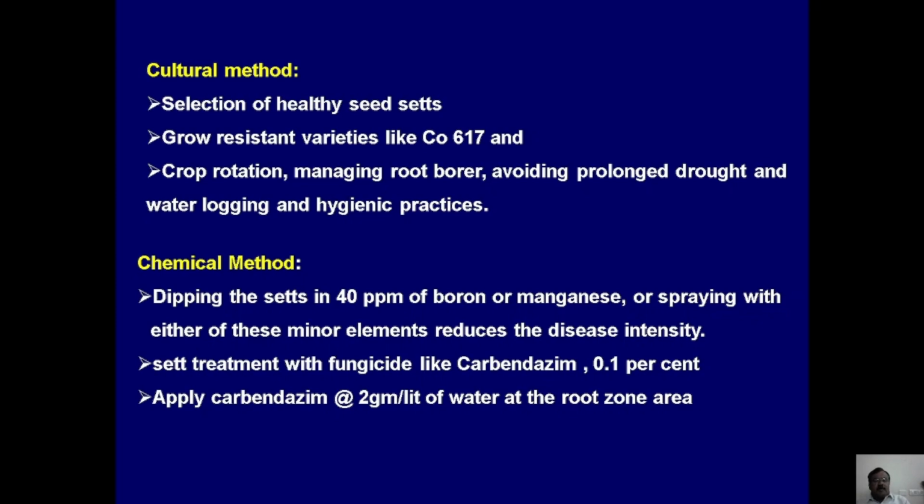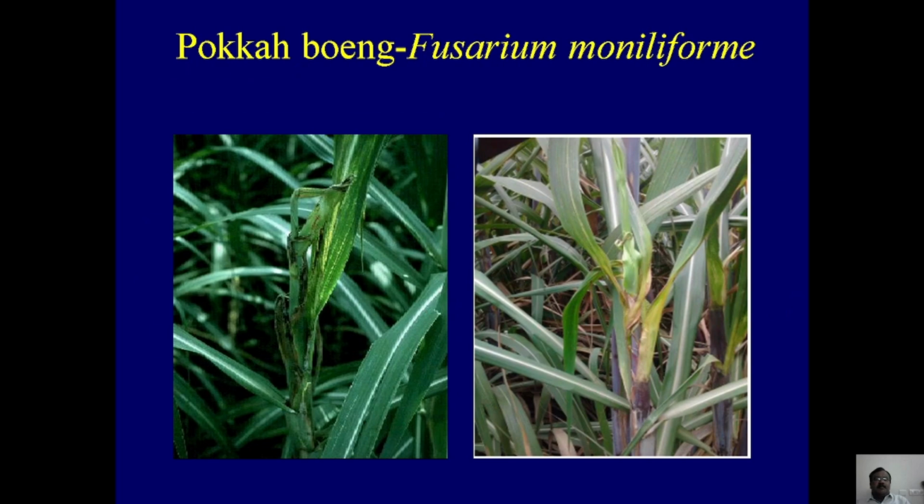As mentioned for the previous disease, here also dipping the sets in 40 ppm of boron or manganese, or spraying with any of these elements, reduces the disease intensity. Set treatment with carbendazim at 0.1% and spot drenching with carbendazim at 0.2% are also recommended to reduce the incidence at field level.